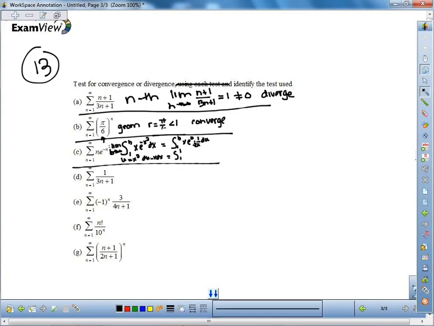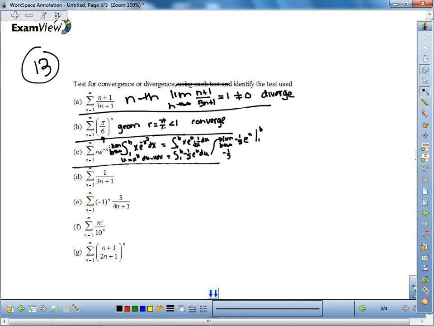So I'm going to have 1 over b of negative 1/2 e to the u. And the integral is going to be negative 1/2 e to the u, and I'm going from 1 to b.